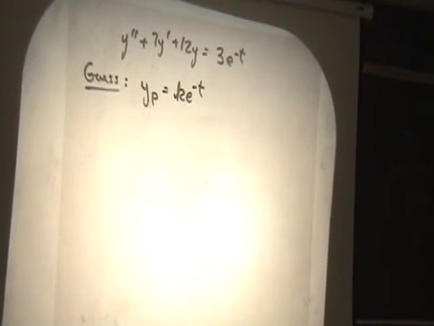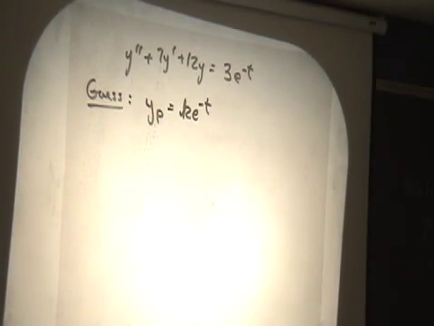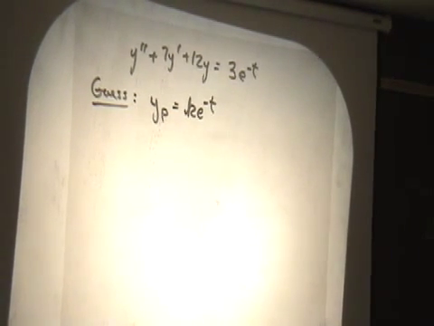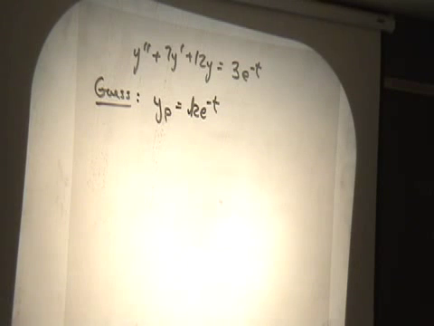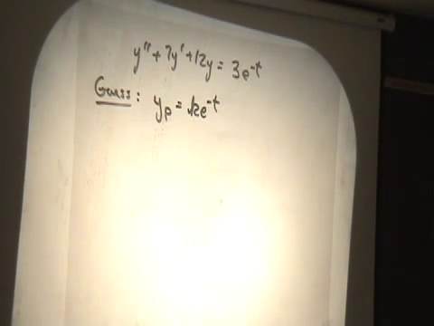You can call the constant anything you want. The book does from time to time use different letters. I'm calling it k here. There's no guarantee initially that this is going to work. In fact, you will see in the book, in one of their examples, and sometimes in homework, that this thing, while it looks reasonable, won't always work.